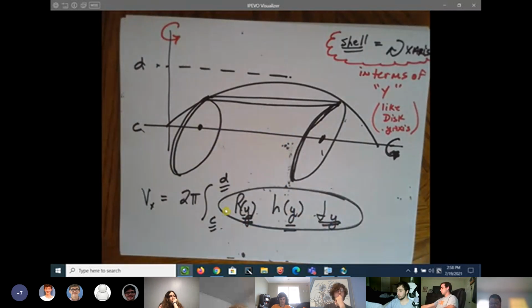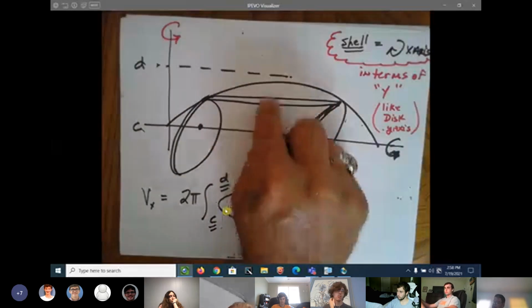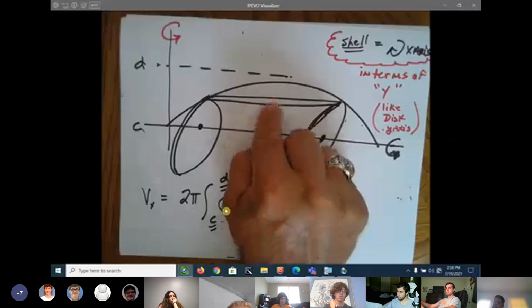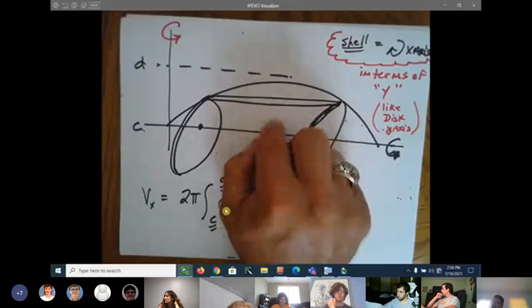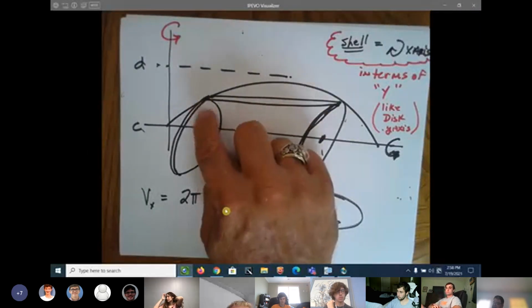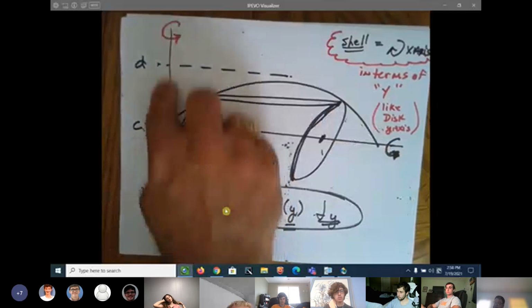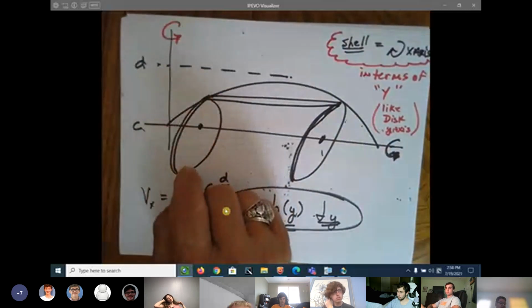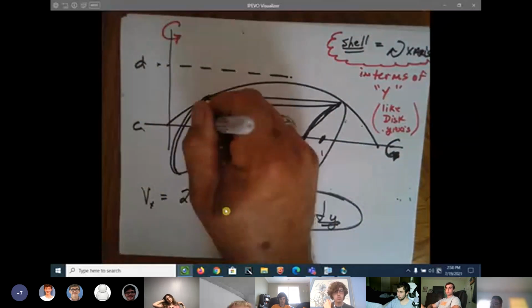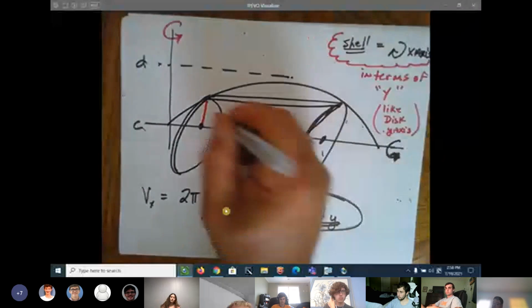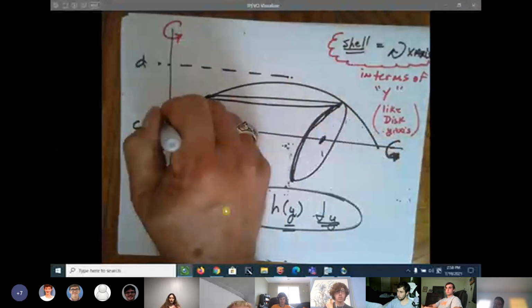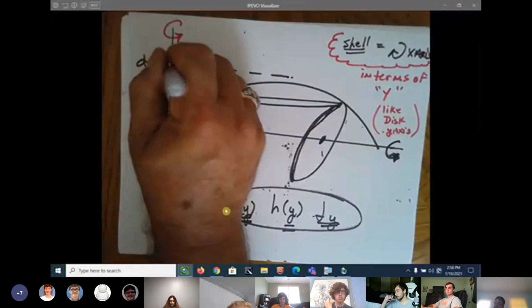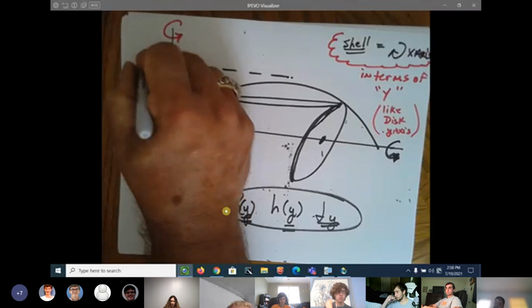It's because the way it's, I mean, if you sit there and look at it, the height right here is going to be equal to your radius. So that's in terms of y. So here's your radius right here. That's your radius. Your radius is in terms of c to d.